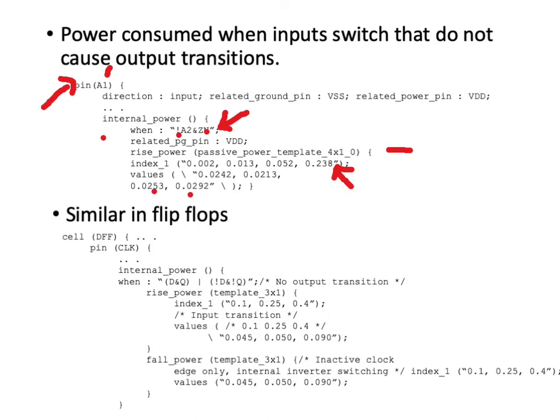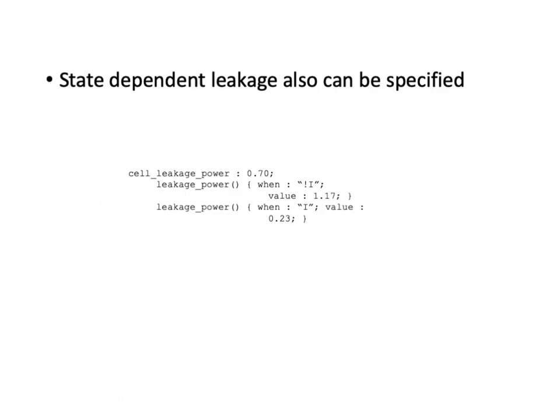So a similar state dependent power consumption is also seen in flip-flops. Again, this will be defined under the input pin section, not the output pin section. And this does not only apply to switching or dynamic power, that is power that's associated with switching activity.